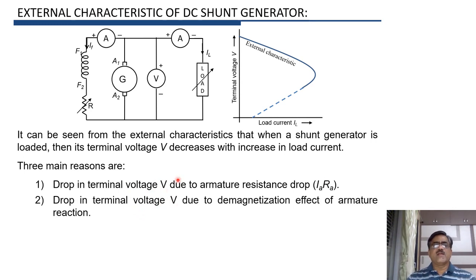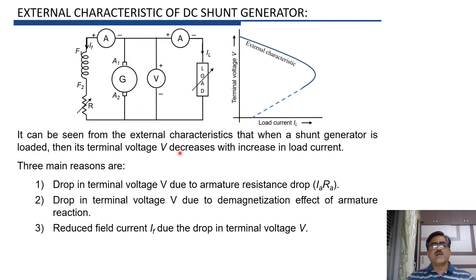Now the second reason is the effect of armature reaction. As we increase the load, armature current increases, and therefore the demagnetization effect of armature reaction also increases. Because of this demagnetization effect, the magnetic flux becomes weak and it reduces the generated EMF EG, and therefore terminal voltage V also reduces.